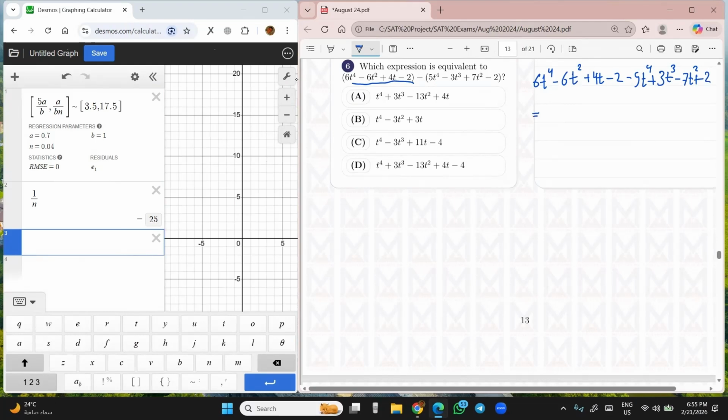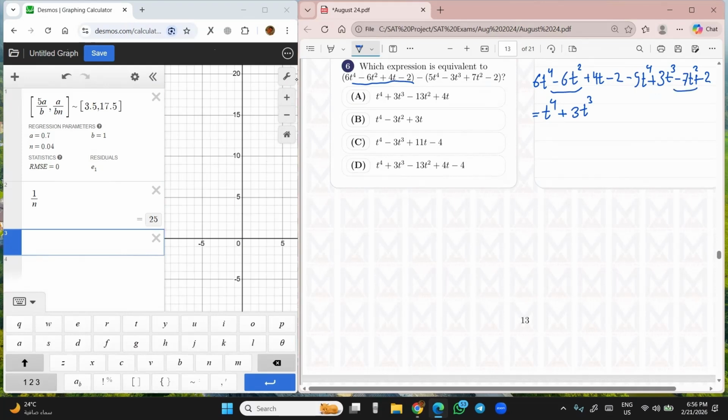And we can now combine the like terms, which have the same exponent. So this one and this one are the same. So 6 minus 5 is equal to 1, t to the power of 4. And then we go to the t to the power of 3, which is the only one here. So we have plus 3t to the third power, and then we go to the t squared. One of them is here and the other is here.